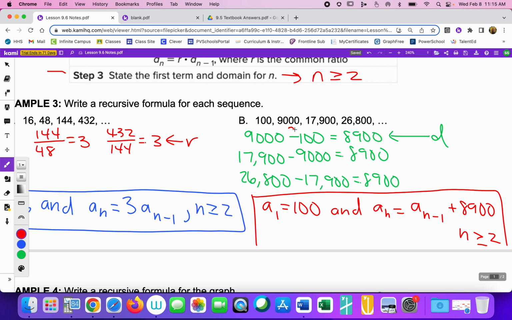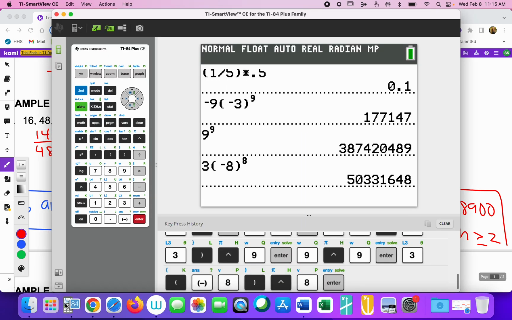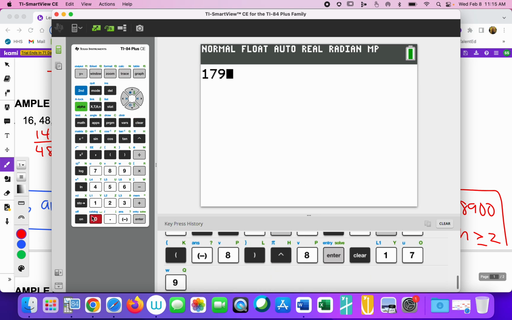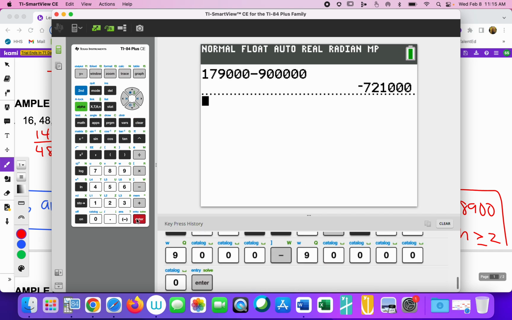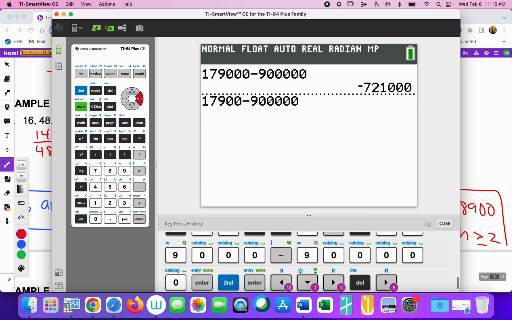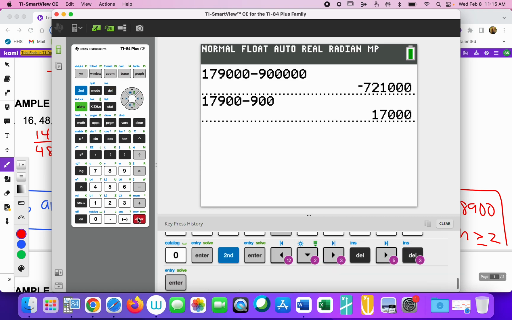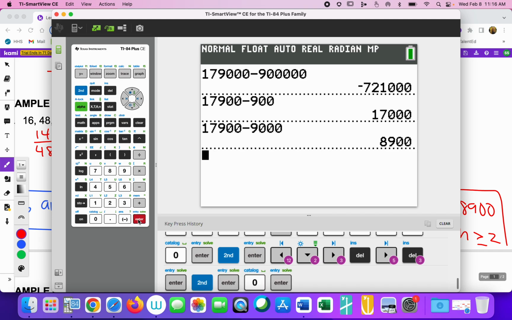I don't get how you got 8,900, because isn't it 17,900 minus 9,000? It's 8,900. You just have to put the right number of zeros in.